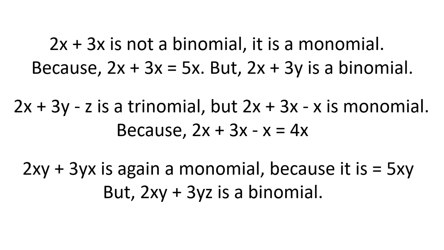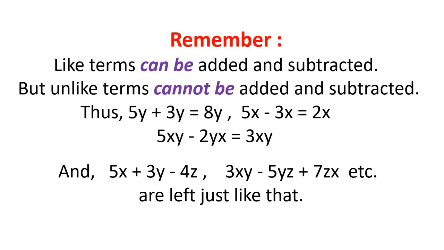But 2xy plus 3yz is a binomial, because in the first term the algebraic factors are x and y, and in the second term 3yz, the algebraic factors are y and z, and they are not same. Remember, like terms can be added and subtracted, but unlike terms cannot be added and subtracted.